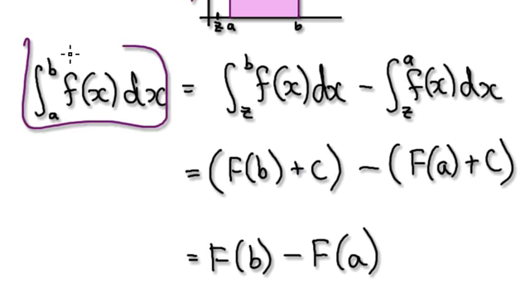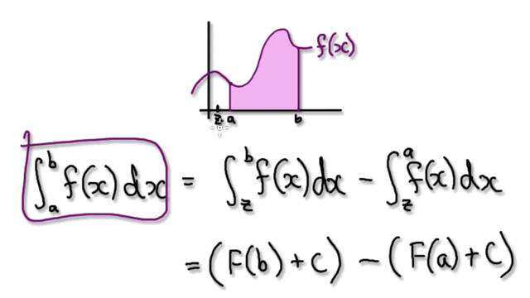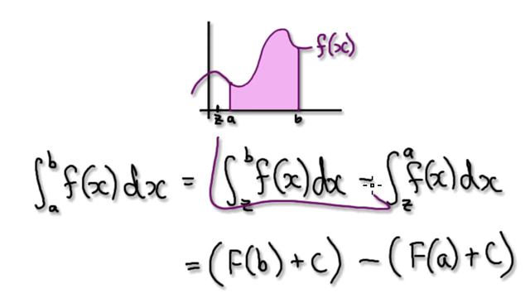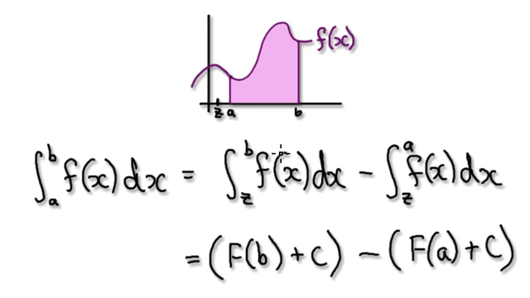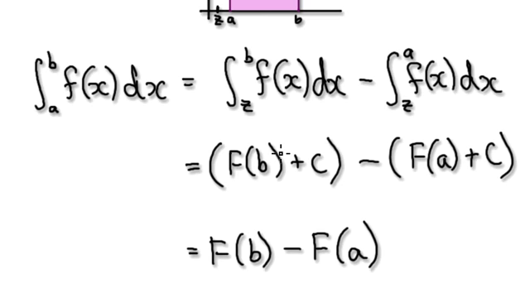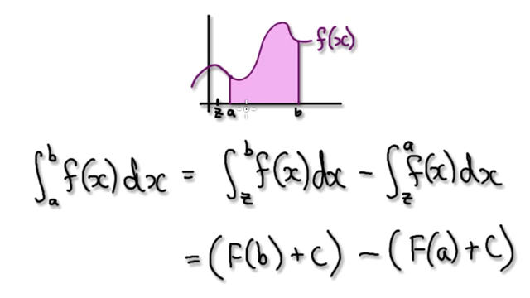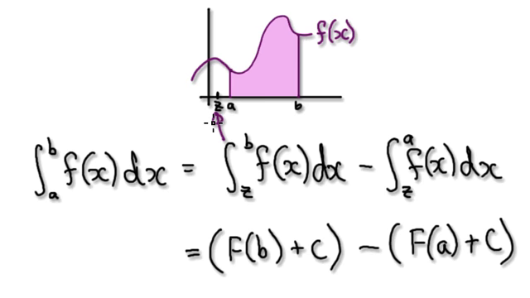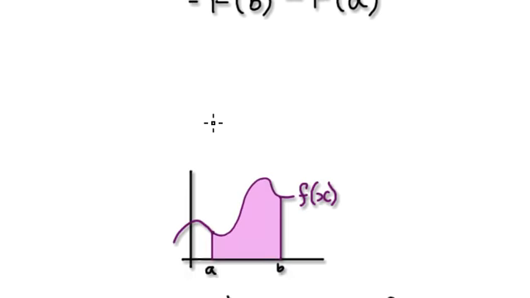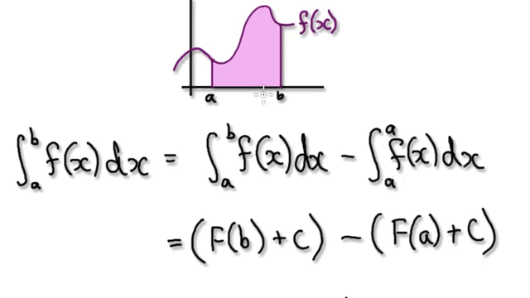So if you want to evaluate this, create an artificial point here, apply what we know, and the two C's will cancel each other out. By the way, you don't actually have to create this artificial point. It will still work even if you select this point to be A itself.